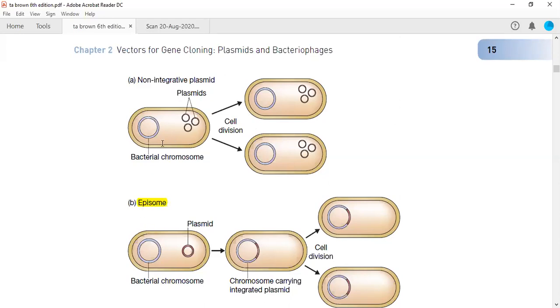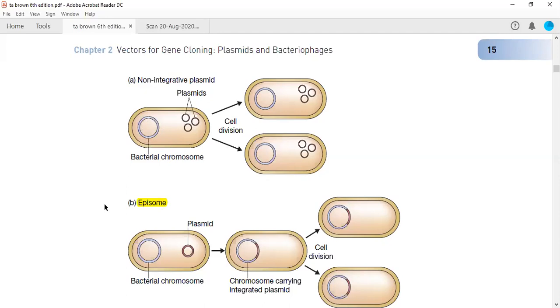There are two types of cells. In one cell, the plasmids and the bacterial chromosome are generally present independently, meaning the plasmids have an origin of replication, so they can replicate themselves without any assistance from the bacterial chromosome.